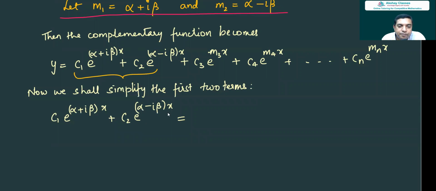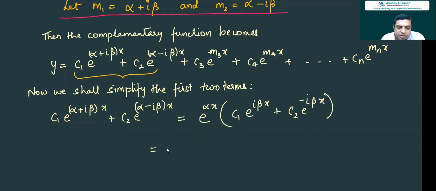This will be equal to e power alpha x can come out, and we get C1 e power i beta x plus C2 e power minus i beta x.